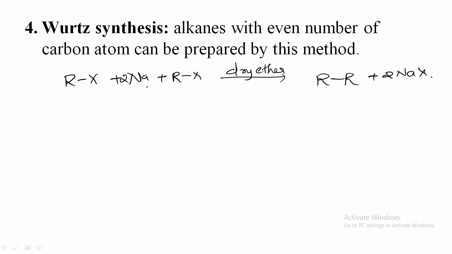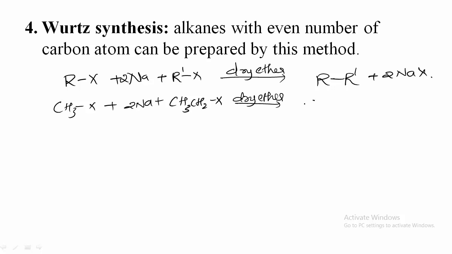And here R may be anything. Let's take this one as R dash. And here we will get R-R dash. So let's take an example. CH3X plus 2Na plus CH3CH2X in presence of dry ether. What we will get?